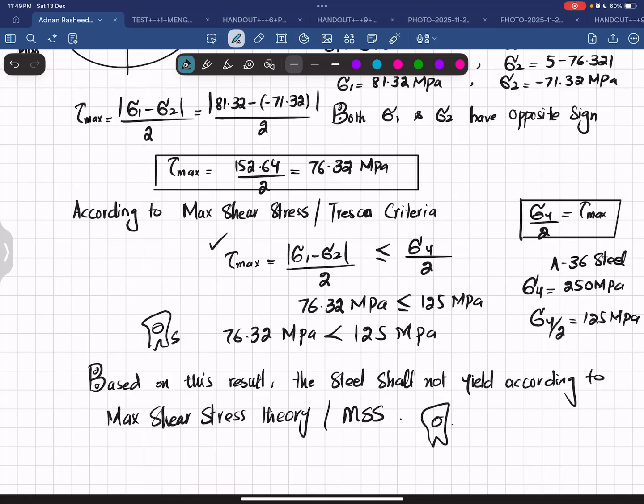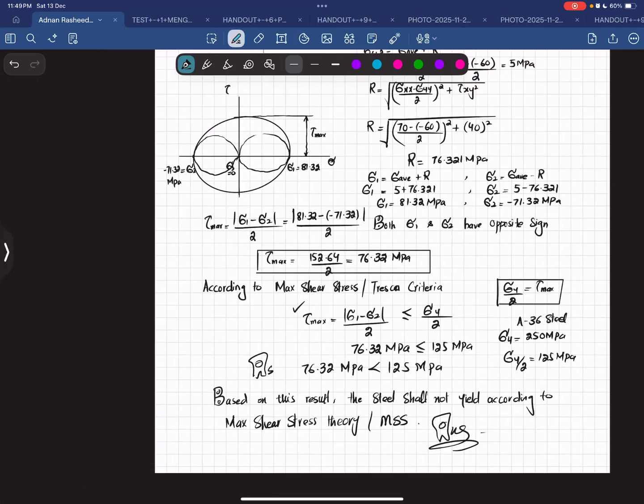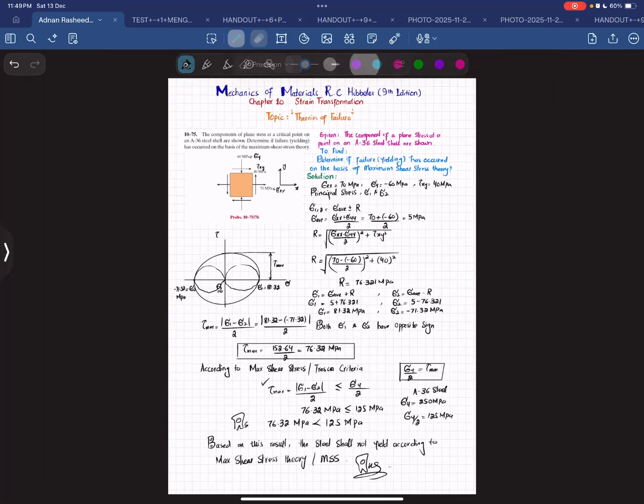And this is the answer to this question. So this was all about problem 10-75.